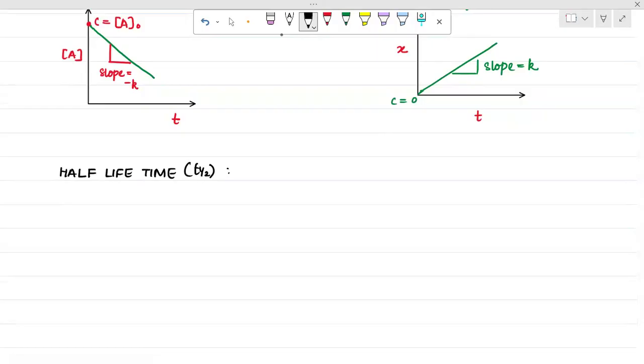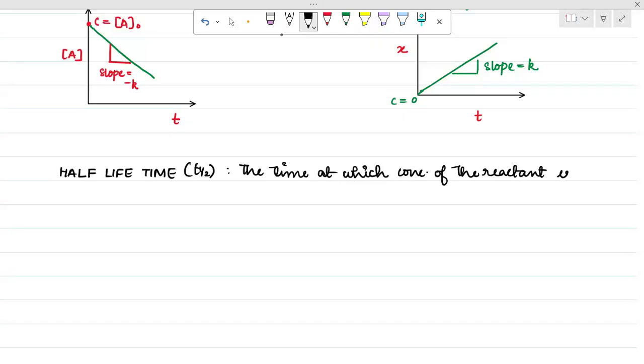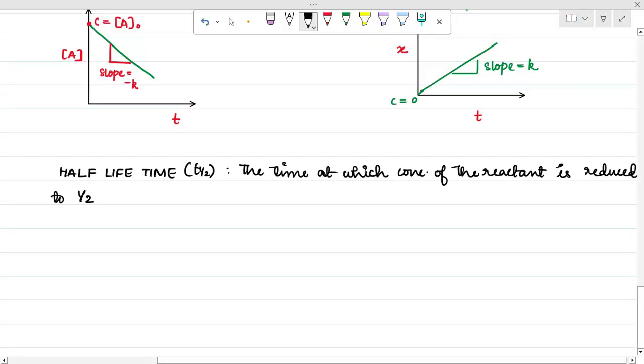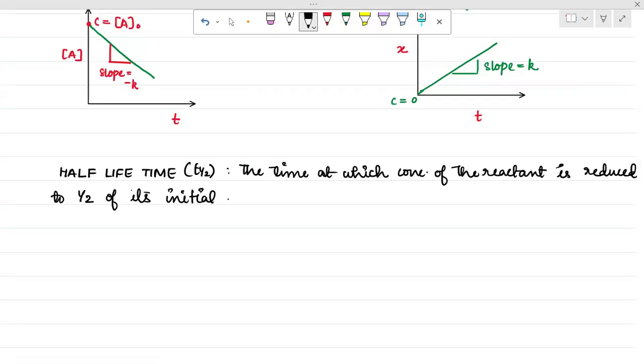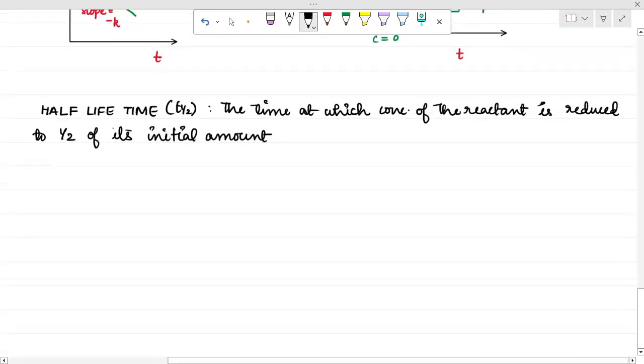So the time at which concentration of the reactant is reduced to half of its initial amount is called the T half or the half-life. That is called the half-life.